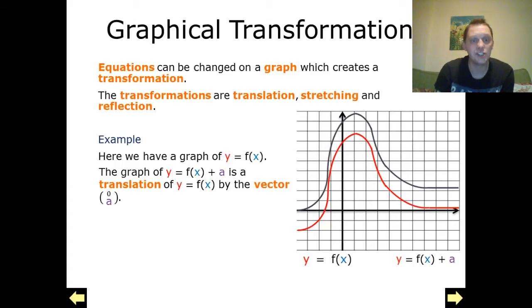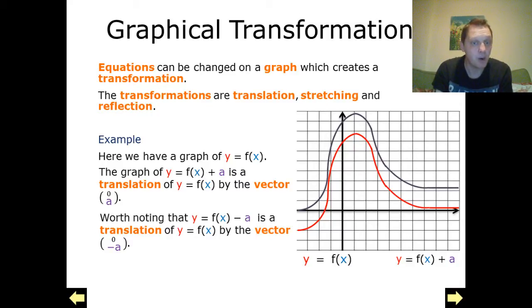Now what we can do is, if we add a to this function, so adding a number or some form of unknown to this function, we are actually creating a translation where, as you can see, this entire line has been moved upwards. It's been moved up by the vector 0 over a as our column vector.